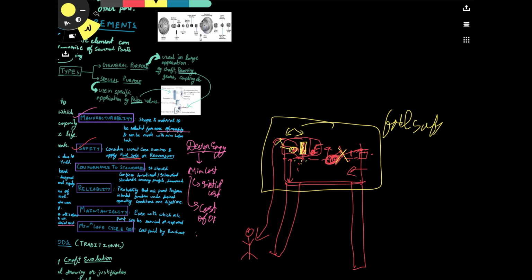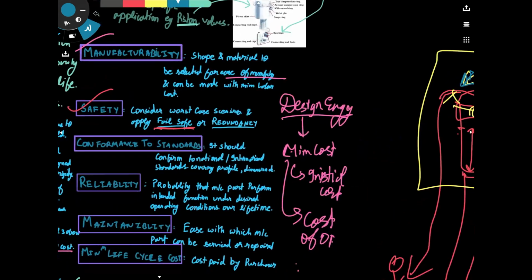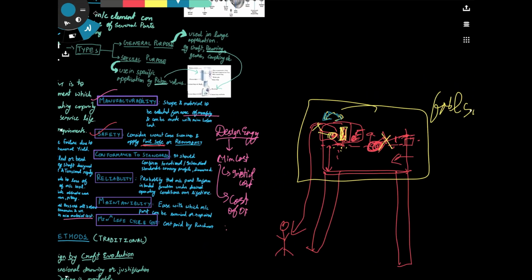And these two things which are present, this float valve and the limit switch, are known as redundant mechanisms. It means that even if one fails, another one is active. This makes the whole arrangement very safe and decreases the probability of the tub overflowing. So safety is one of the crucial parameters one should consider while designing.